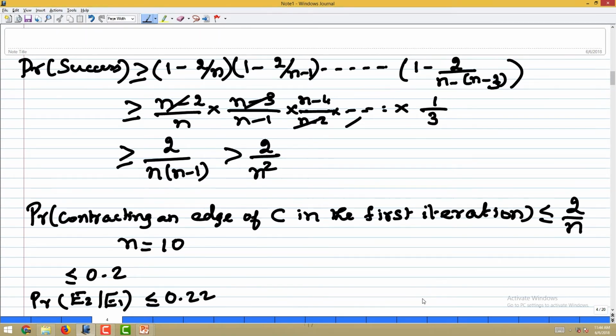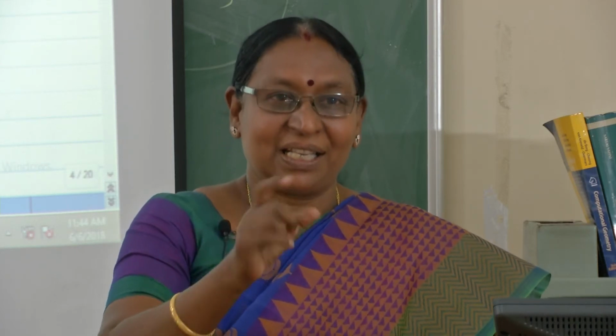For each contraction, we need order of n time. What about picking a random edge? What is the running time of that? None of you asked about that. You have m edges in the graph. When you implement the algorithm, you will use a rand function, generating a number from 0 to m minus 1, or 1 to m. In randomized algorithms, we always assume that the random number generator takes only constant time to generate a number.